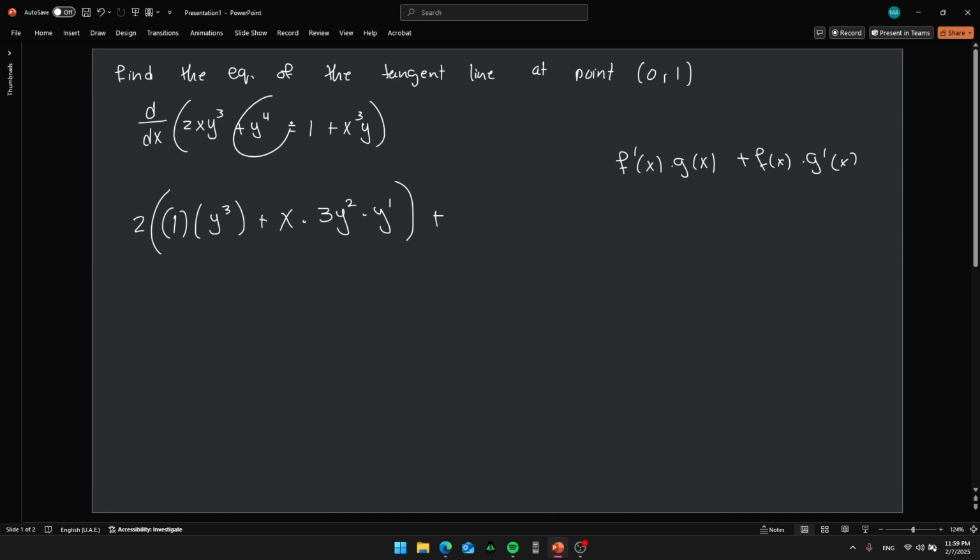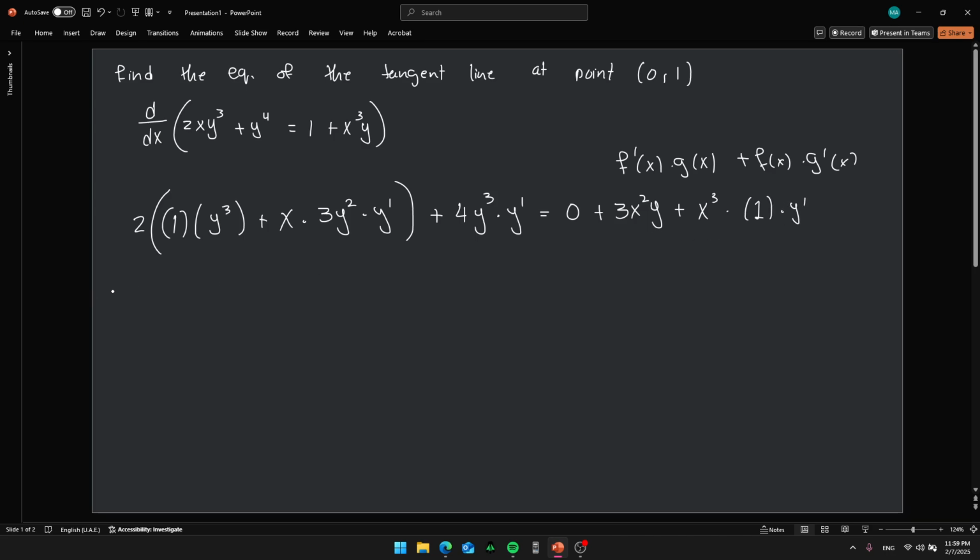Plus y to the power of 4, the derivative would be 4y to the power of 3 times y prime, equal the derivative of 1, which is a constant, is equal to 0, plus, again, this is a product rule, so the derivative of x to the power of 3 is 3x squared times g of x, which is y, plus f of x, the normal f of x, which is x to the power of 3, times g prime of x, which is y, which is 1 times y prime.